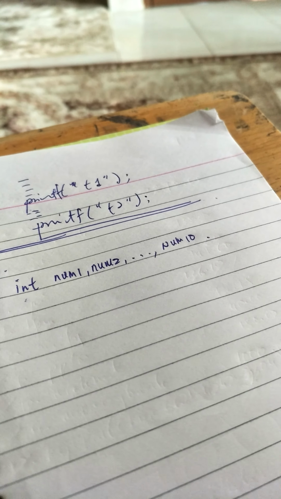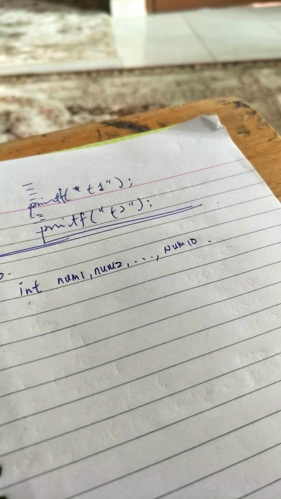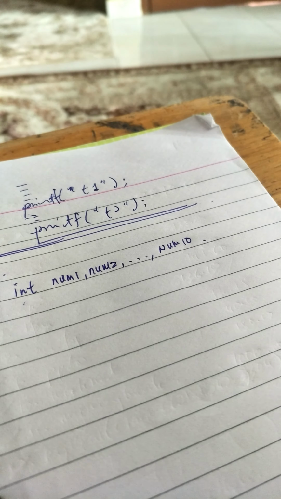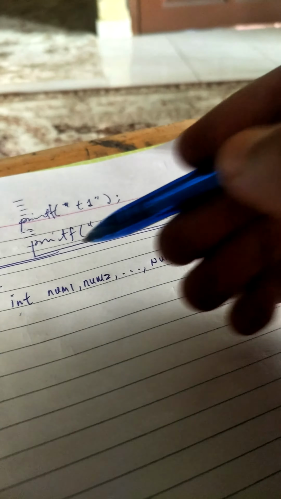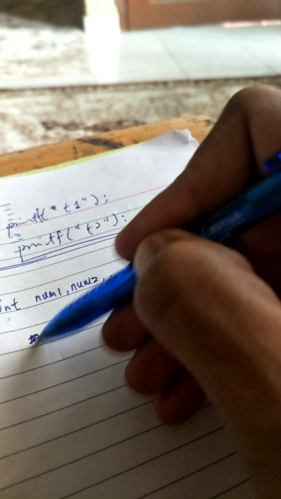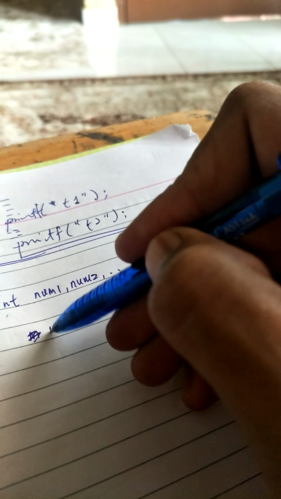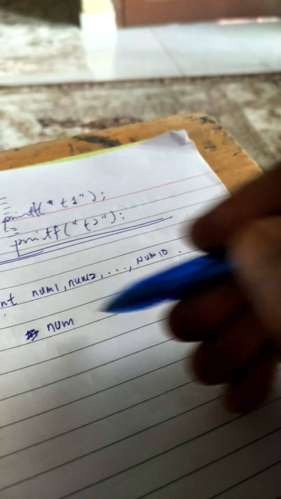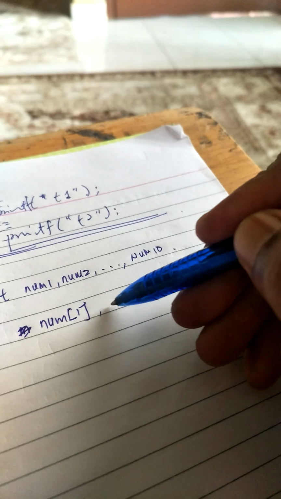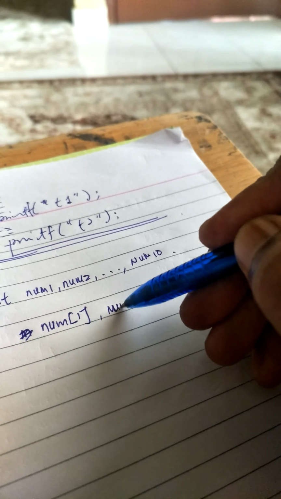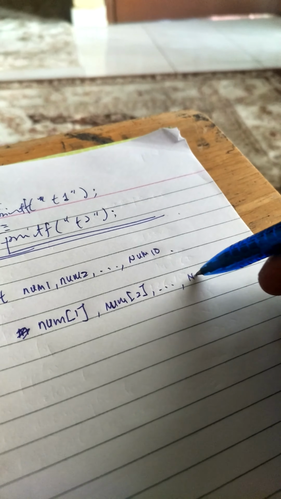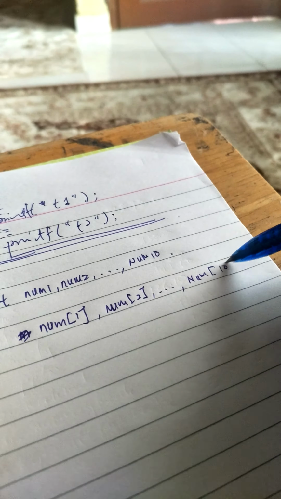Just declare one variable, but we give it a kind of index. I'll give you an example. Let's say we have num here. Instead of num1 to n, I can write just num, but put in brackets 1, and I have num 2, and so on, up to num 10.